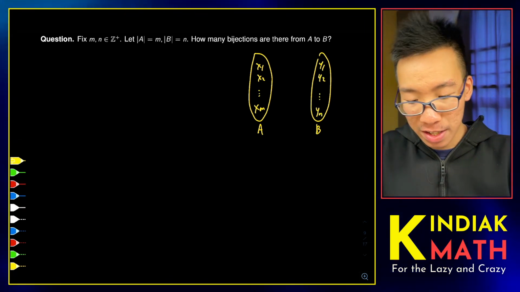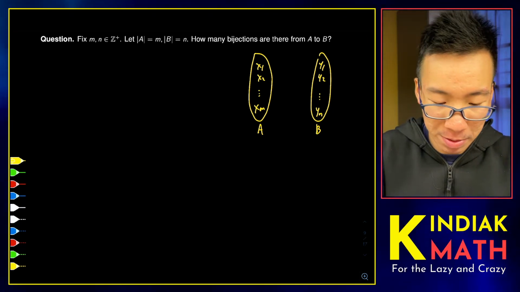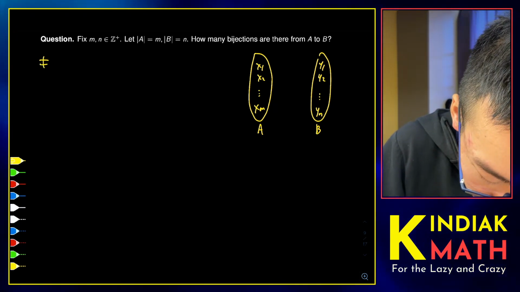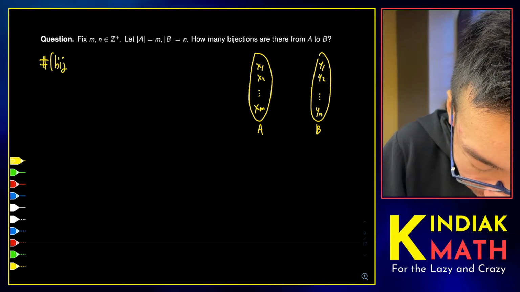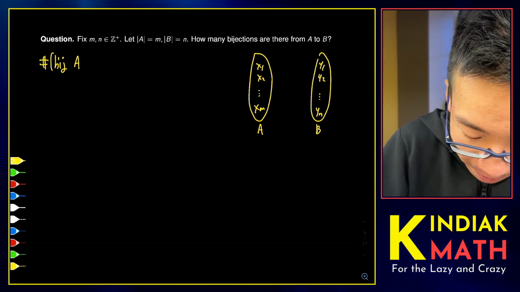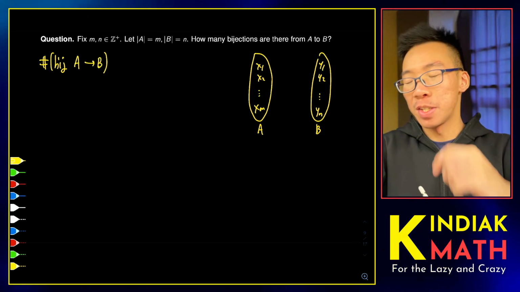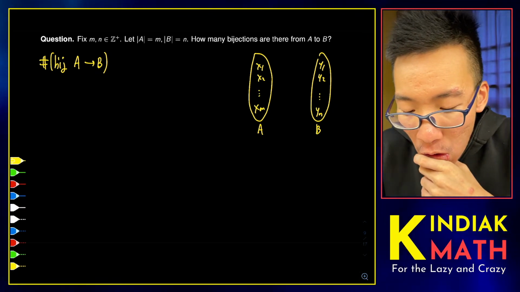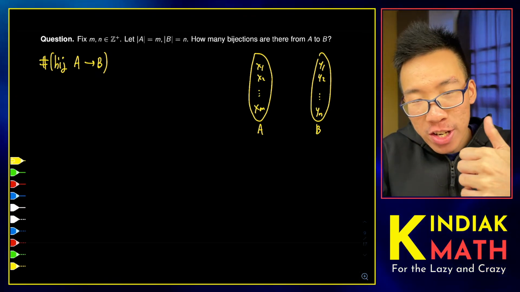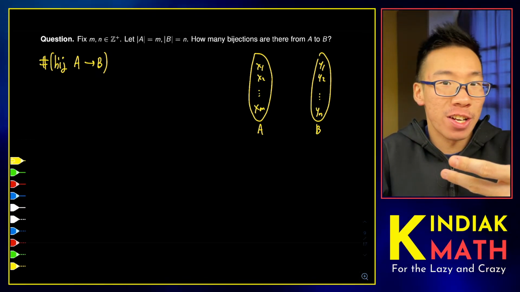So we need to ask how many bijections there are from A to B. The first thing to observe is that bijections are injections and surjections.